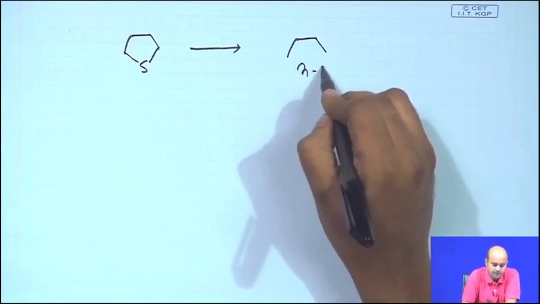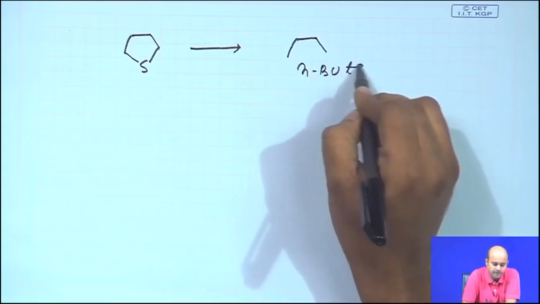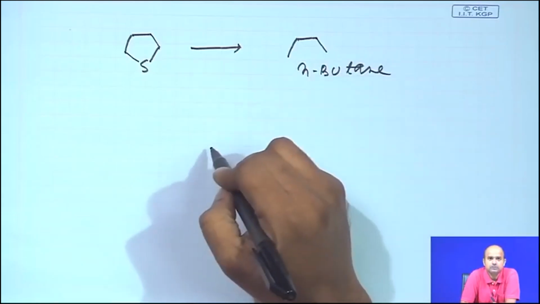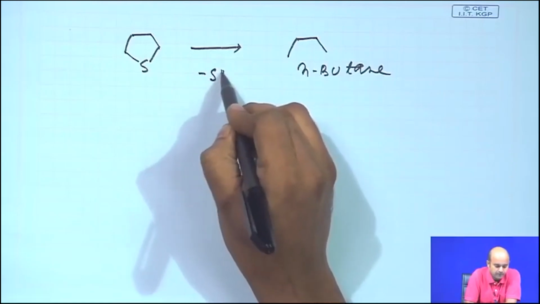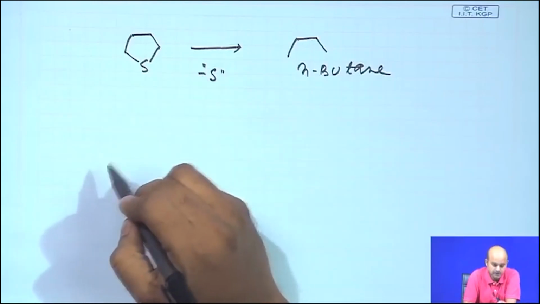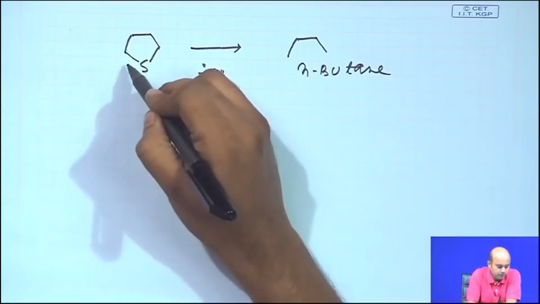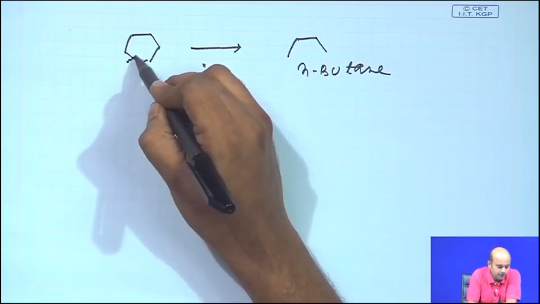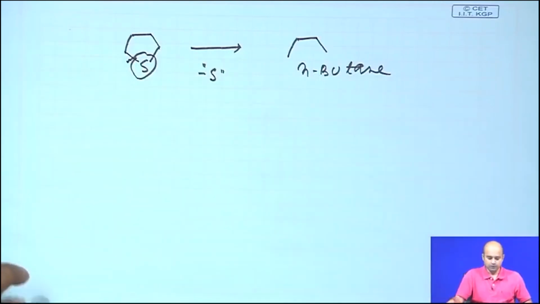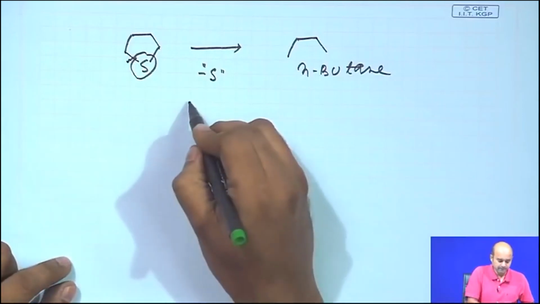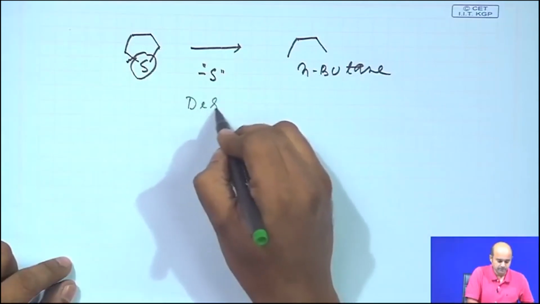This molecule is basically butane, n-butane. You may say, sir, if you can remove this sulfur, this is done. You need to get rid of this sulfur part. So, essentially the reaction is basically a desulfurization reaction.